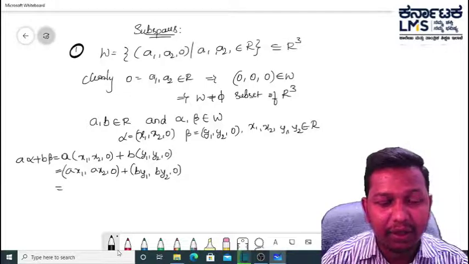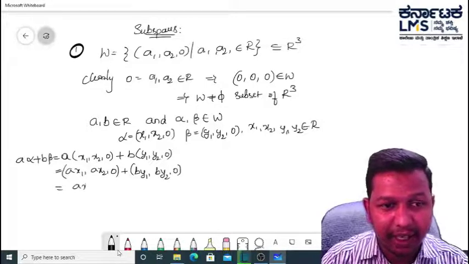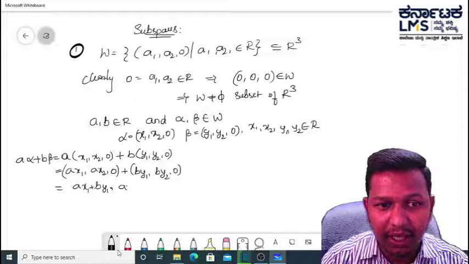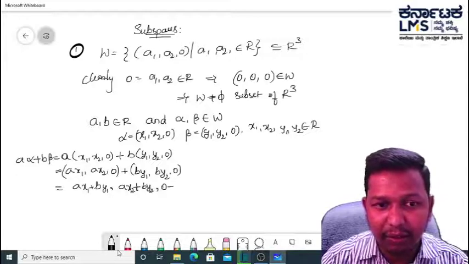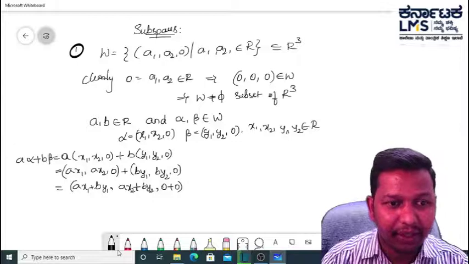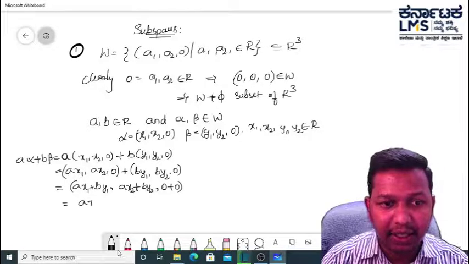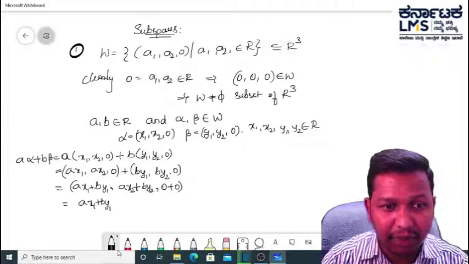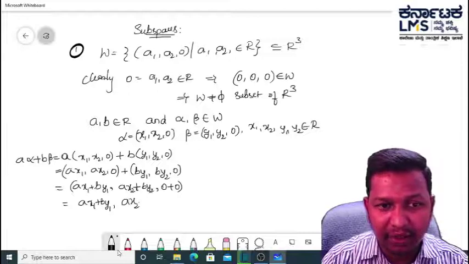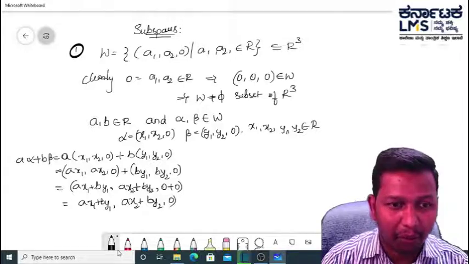So add them coordinate-wise, that is (a x1 plus b y1, a x2 plus b y2, 0 plus 0), which equals (a x1 plus b y1, a x2 plus b y2, 0).